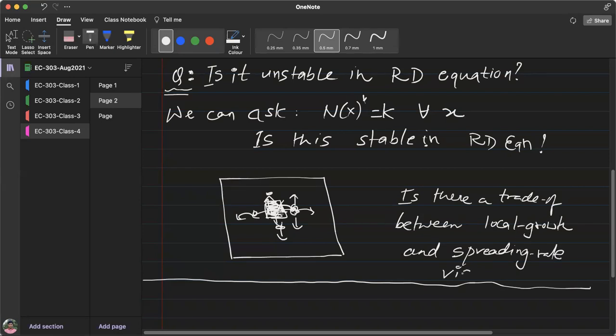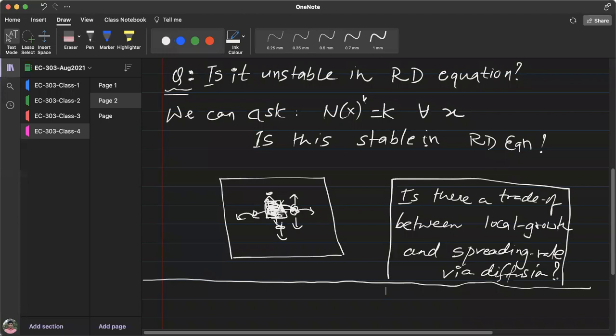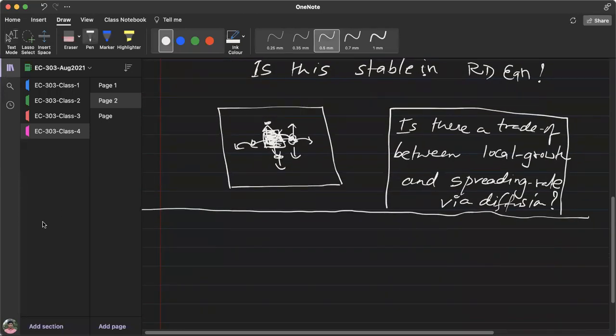Okay, that's the basic idea. You will see that indeed there is in some cases, and exactly when it happens is what we would like to understand. Okay. So let's now try to understand again.